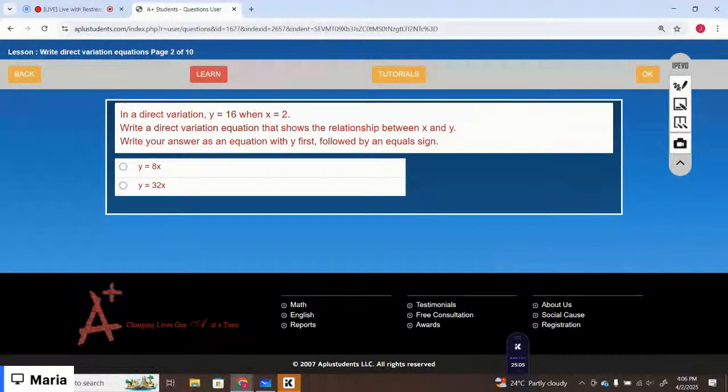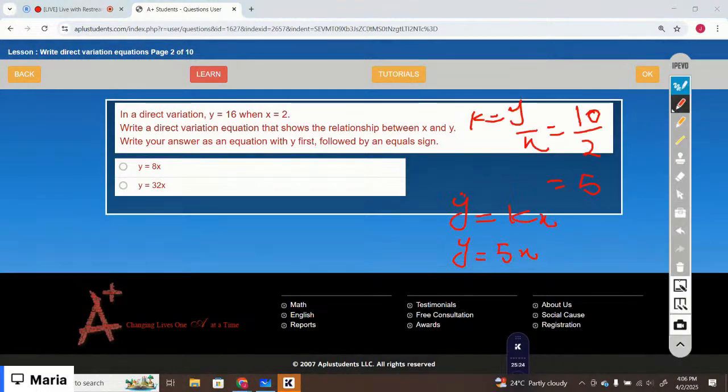In the direct variation, y equals 16 when x equals 2. Write a direct variation equation that shows the relationship between x and y. So we need to calculate the k first.